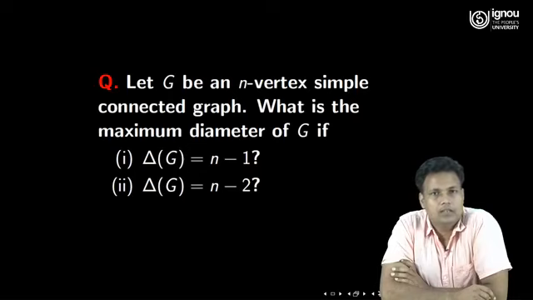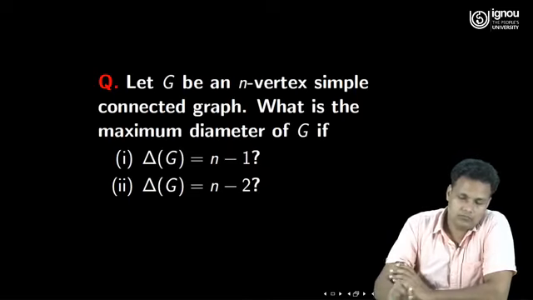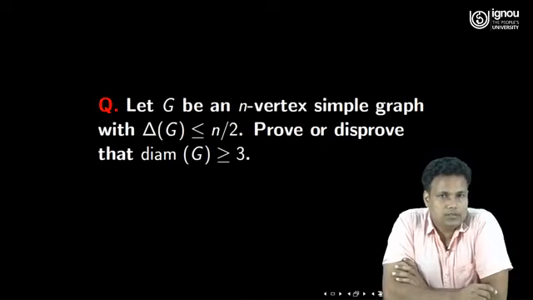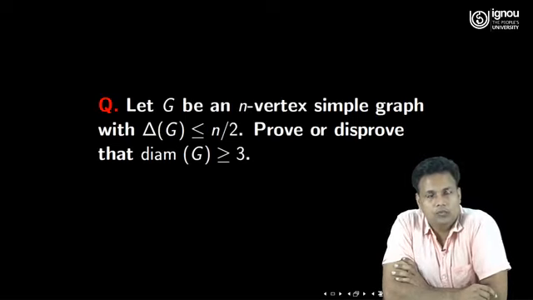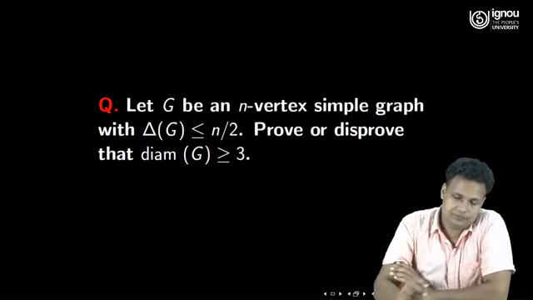In the second case, the maximum degree is n minus 2. These questions are easy. The next question is, let G be an n-vertex simple graph with maximum degree at most n by 2. Prove or disprove that the diameter of G is at least 3.